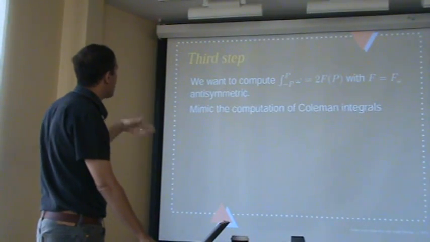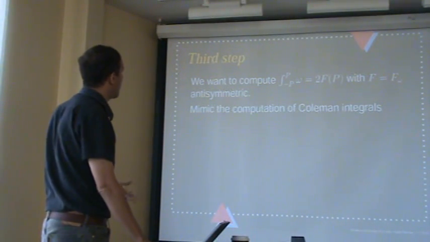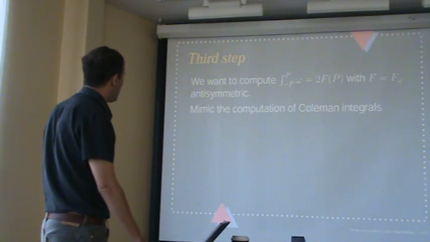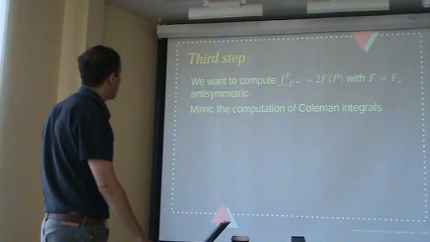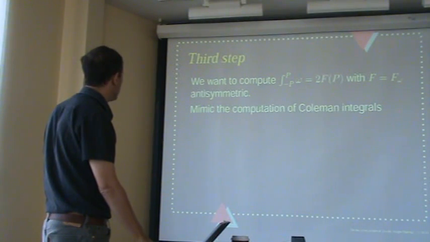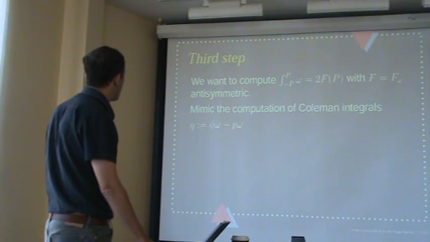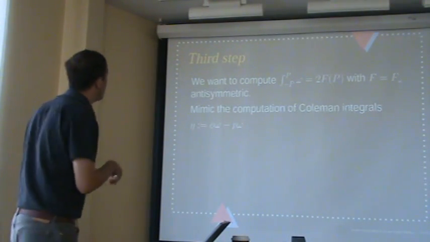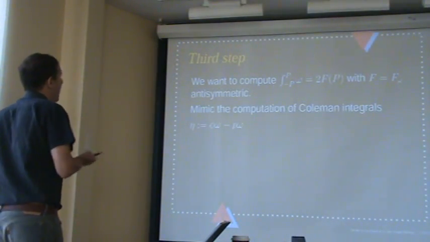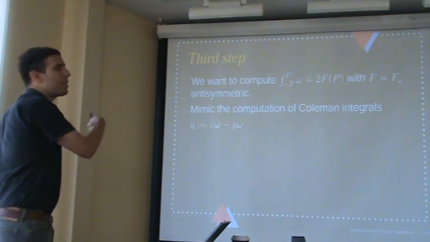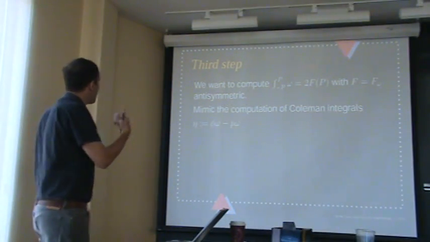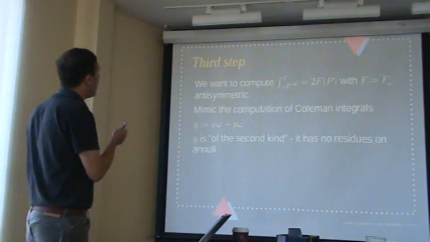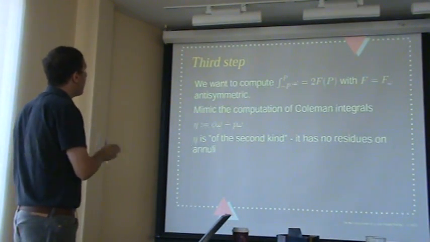And as I said, I'm going to mimic the procedure that showed up in the algorithms of Balakrishnan and Bradshaw in this case. So your phi is going to be this lift of Frobenius, and I look at eta, which is phi omega minus p omega. That's the Tate thing. So phi now acts formally on the cohomology by p. Now this eta is, quote unquote, of the second kind.